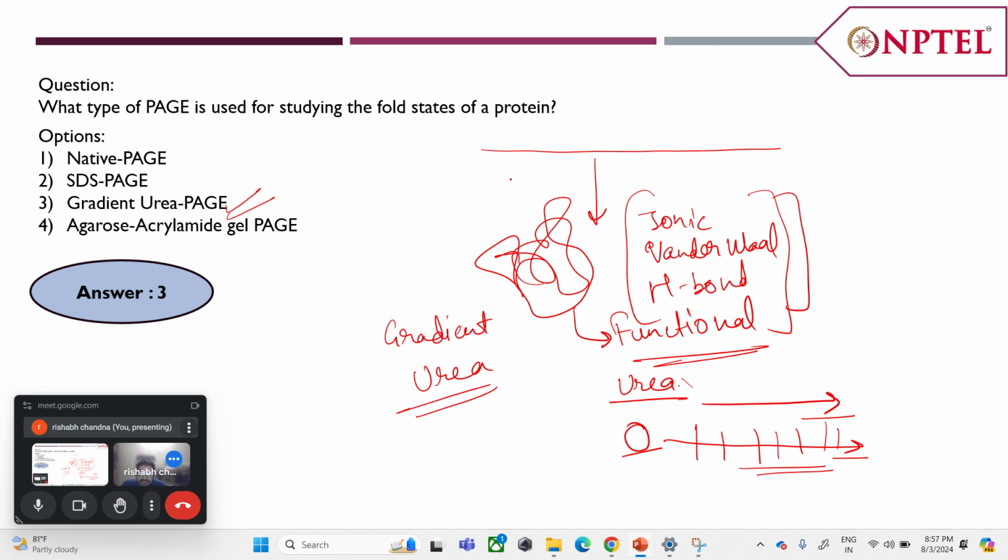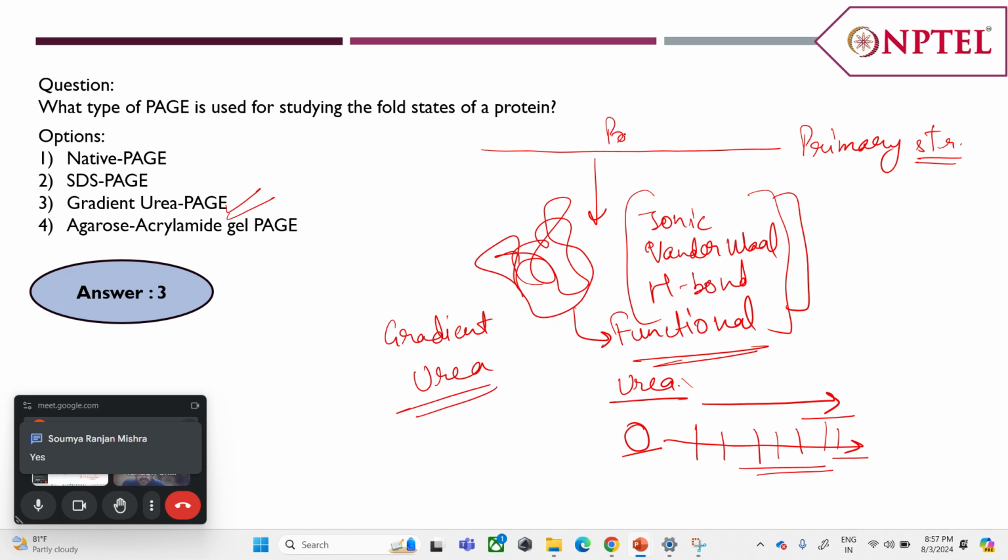So what happens whenever we talk about a protein? So this is the primary structure of the protein. Primary structure is basically a polymer of amino acids, and this drives the folding of the amino acids upon itself.